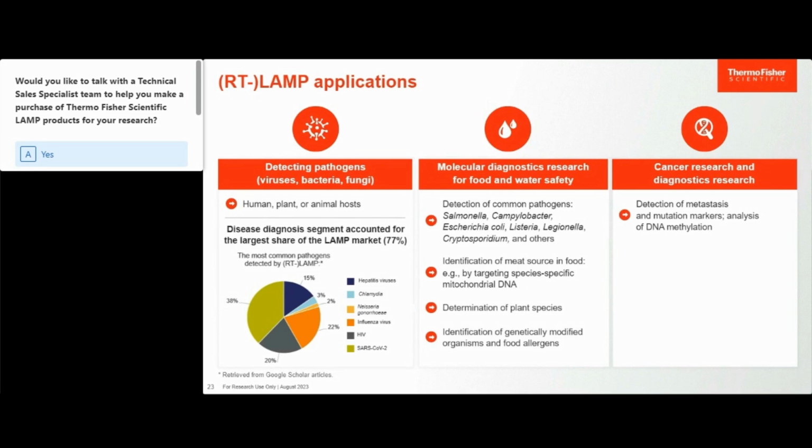It also could be used for the determination of plant species and for the identification of genetically modified organisms and food allergens. The last group of applications is cancer research and diagnostics. In this application, LAMP is used for the detection of metastasis, mutation markers, and analysis of DNA methylation.